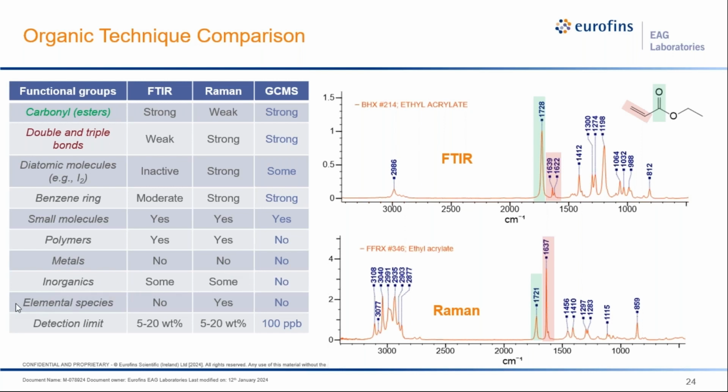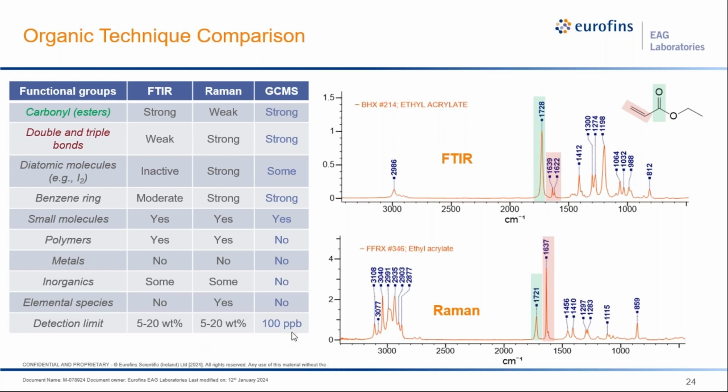I also want to bring up elemental species. So this is an area where Raman really excels compared to FTIR and GC. So all the various allotropes of carbon, such as charcoal, graphite, graphene, different kinds of carbonaceous materials that are inorganic in nature, they can be detected by Raman very well, but FTIR and GC will not see anything.